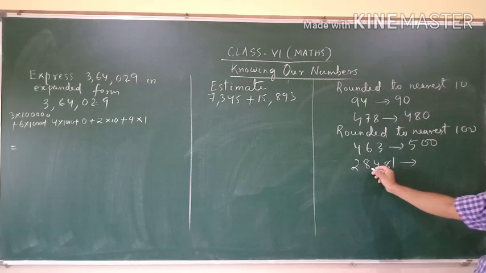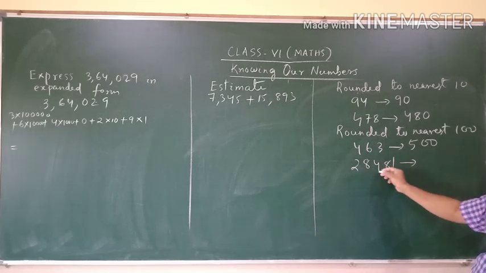Now look at this example. Here the 100 place is 8 and after it is 4, which is less than 5. If less than 5, the number stays as it is, so it will be the last 100.